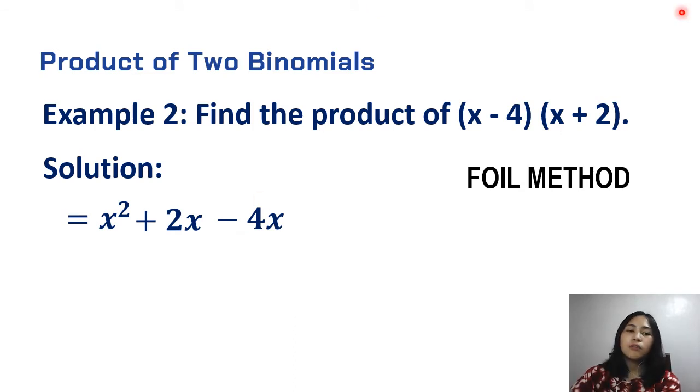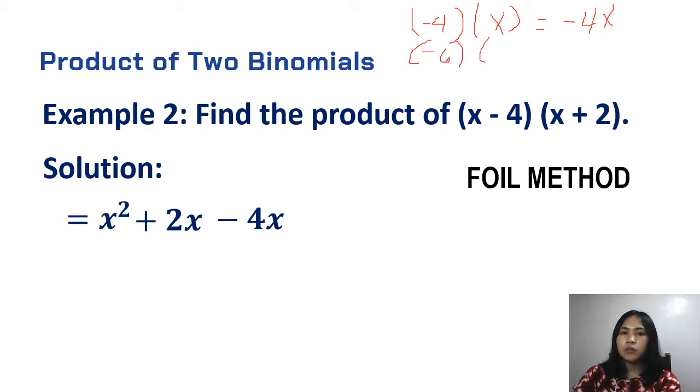Why is it negative 4x, ma'am? So, this is our rule in multiplying integers having different signs. 4 has a negative sign, right? x is positive. So in multiplication, when the signs are different, the answer is always negative. For example, negative 6 multiplied by positive 2.